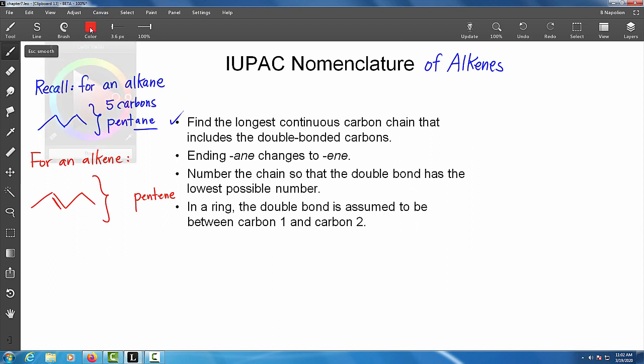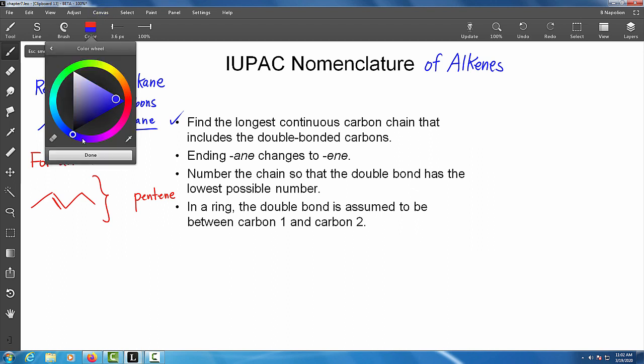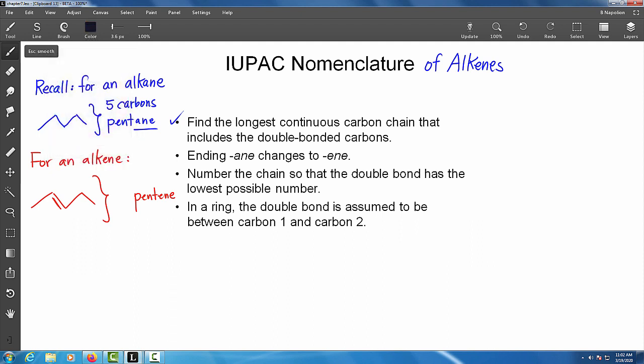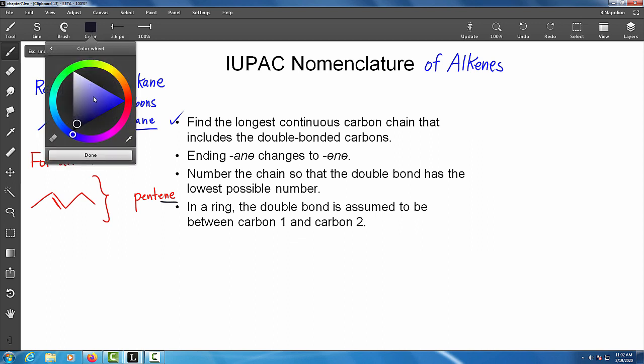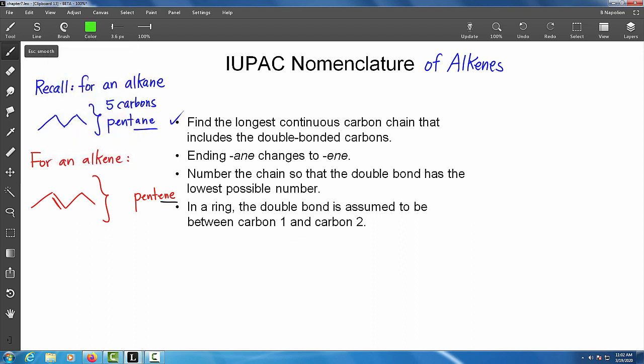Now how I numbered that, notice the ane became ene, and I want to have the lowest number on the double bond. So if I number in this green direction, it gives me 1, 2, 3, 4, 5.